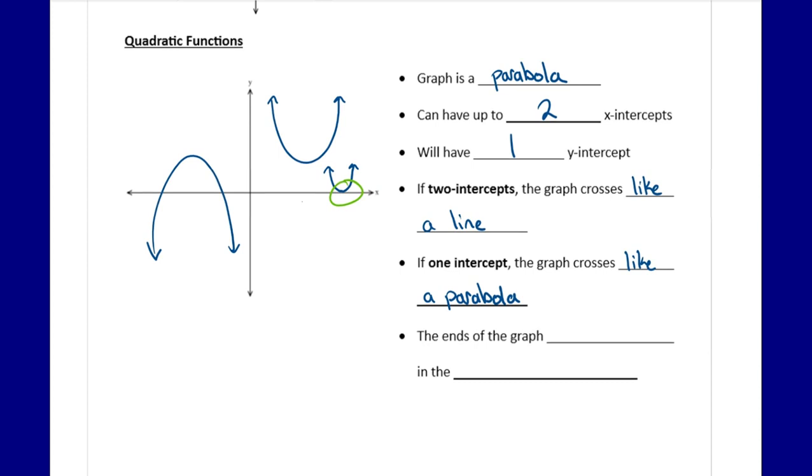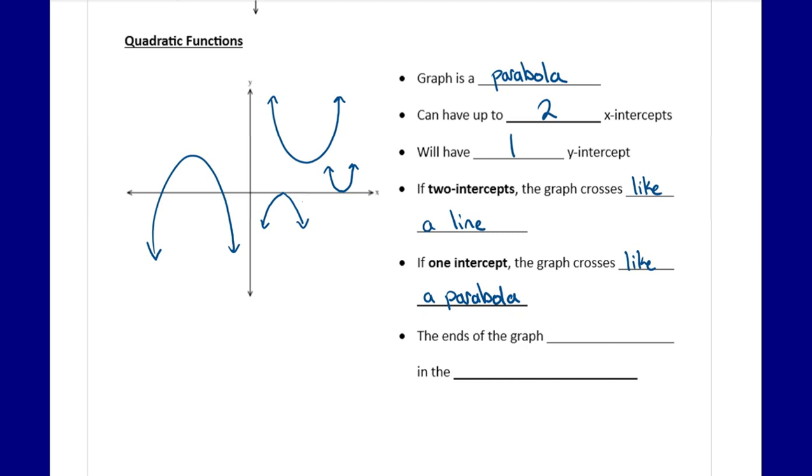What we mean by crosses like a parabola is that it touches the x-axis as either a maximum or a minimum. Another example could be that it comes up, touches our x-axis at one point, still considered an intercept, and then comes back down and away. That might be the opposite version of what we see here. But that's what we mean by it crosses the x-axis like a parabola.